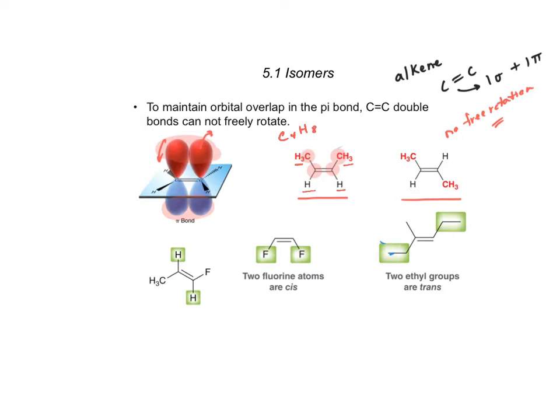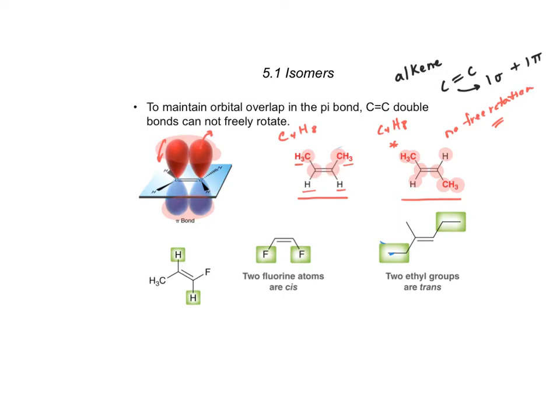What about this one? What would we get? We would get carbon, carbon, carbon, carbon. So again, C4H8. Okay, so same molecular formula, they're isomers. What about connectivity of atoms?